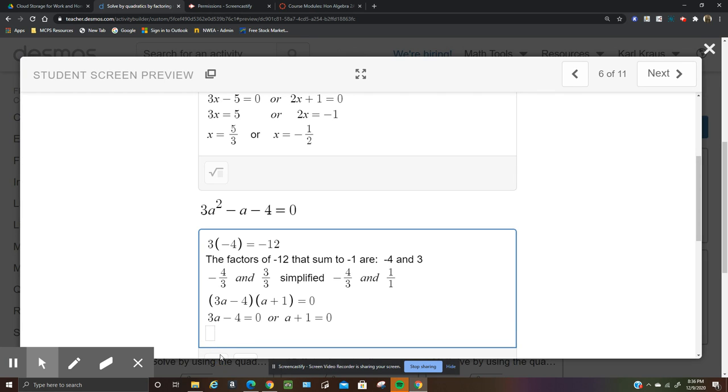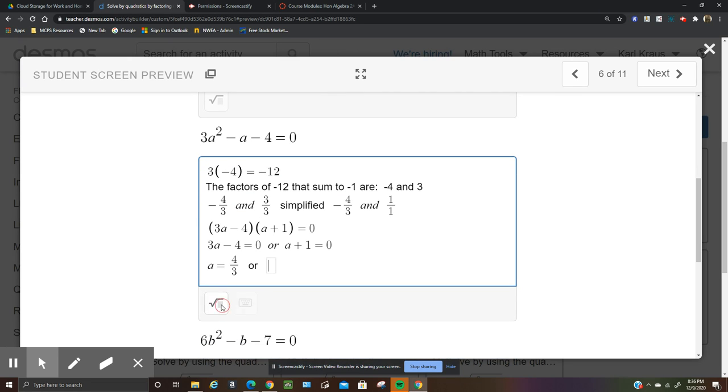Add 4 and divide by 3. A equals 4/3, or a equals negative 1. So the opposite of negative 4/3 is positive 4/3, opposite of 1 is negative 1.